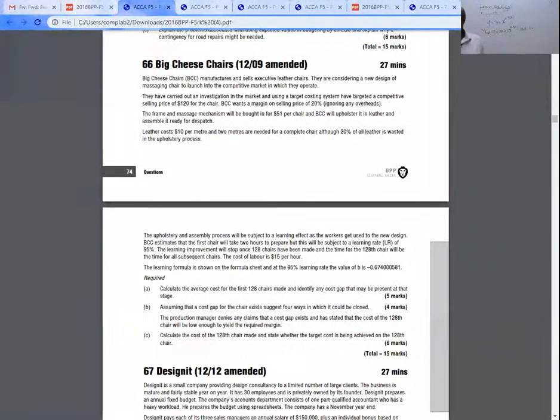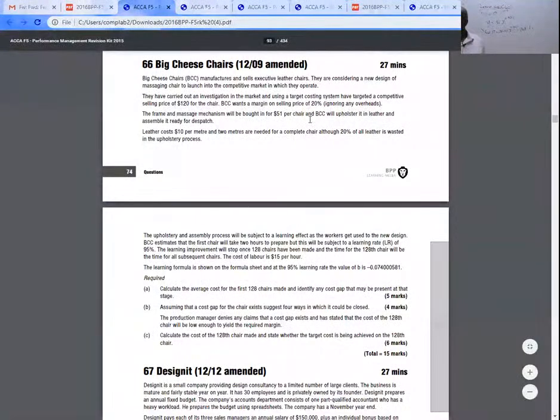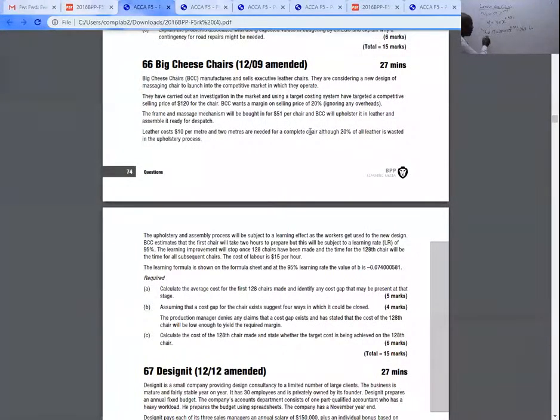But now, ladies and gentlemen, remember that these people want us to provide an average cost. So the average labor cost will be equal to 2681.62 divided by 128.